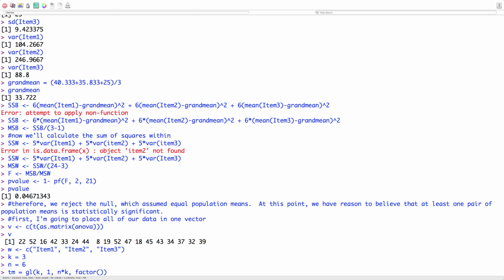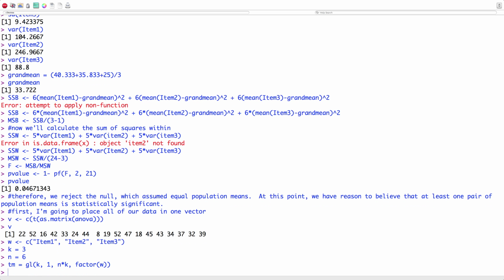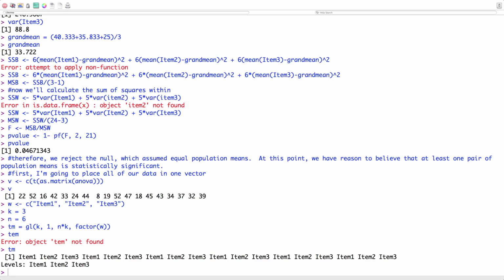Factor is going to be, what do we call that? V. No, factors for W. Let's see. Factor W, K, 1 row, n times K. Yeah, good.